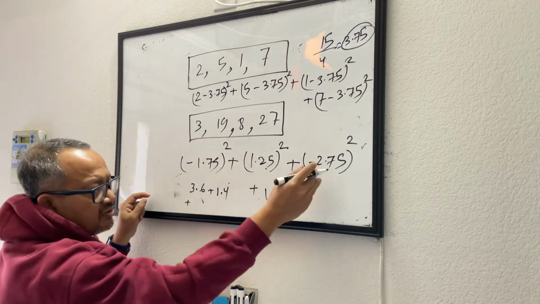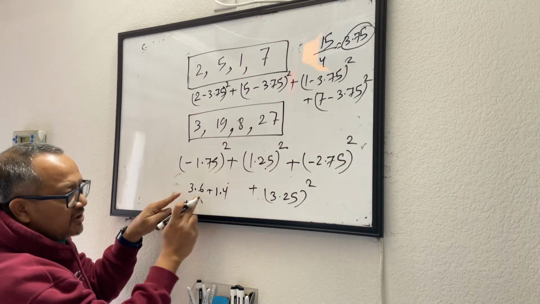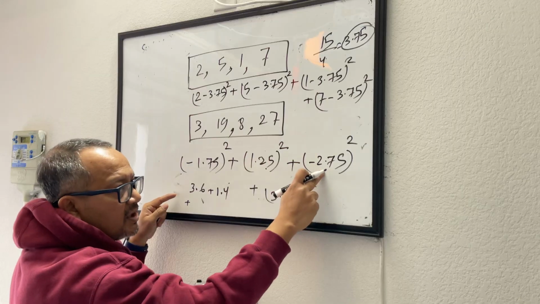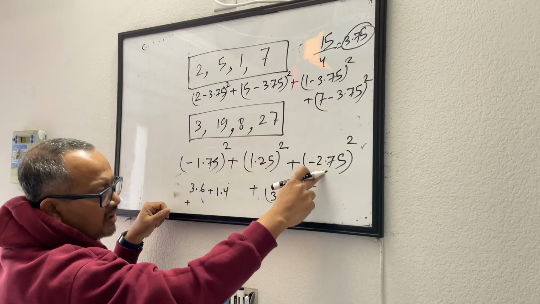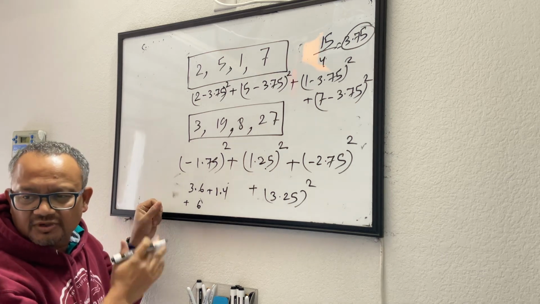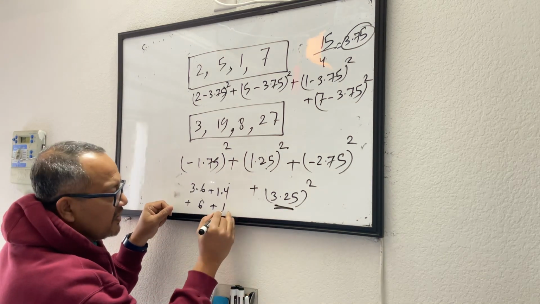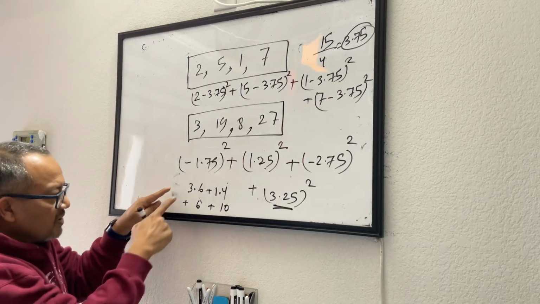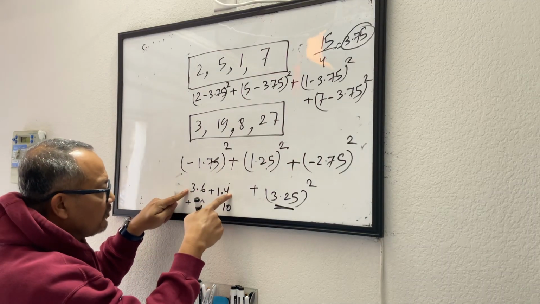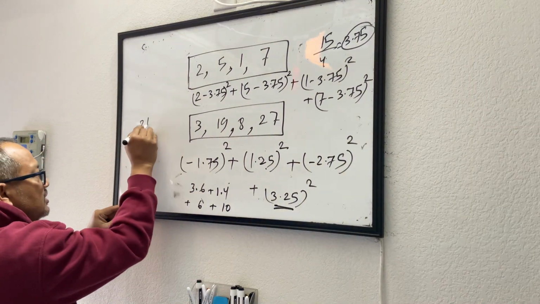I'm just rounding it to the nearest number that you can calculate. And minus square will give you a plus value only. Okay. 2.75, it will be somewhere around 6.2 or so. Okay. I'm just rounding it. 3.25, it will be somewhere around 10. So what we got? 3.6 plus 1.4, plus 6.2, plus 10, that is 21.